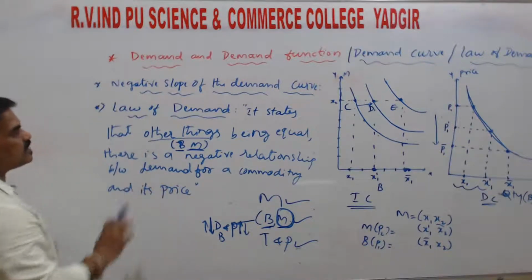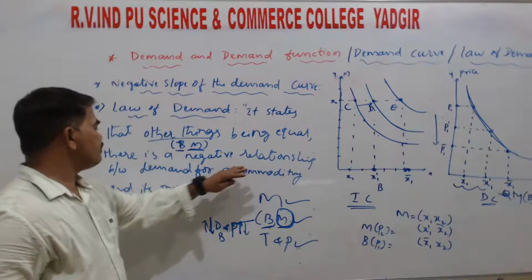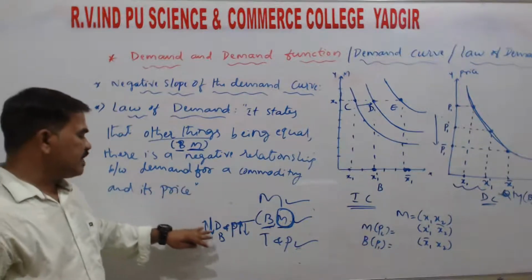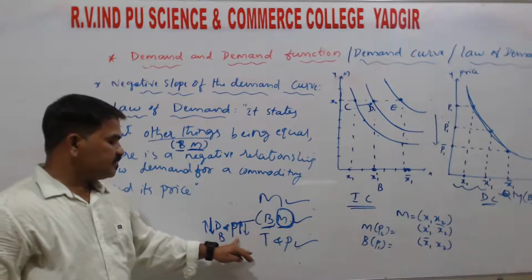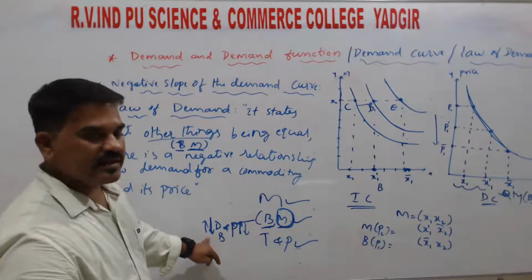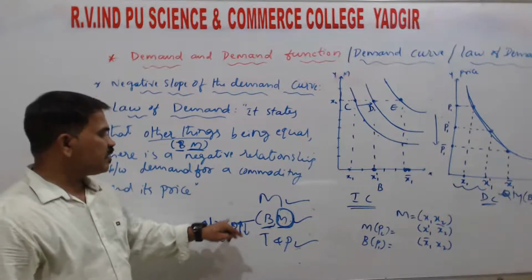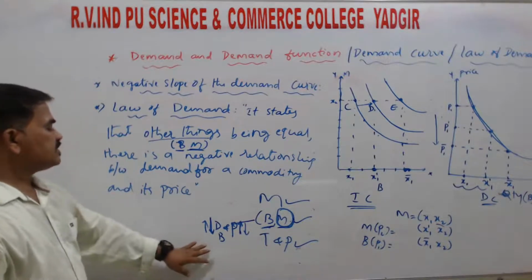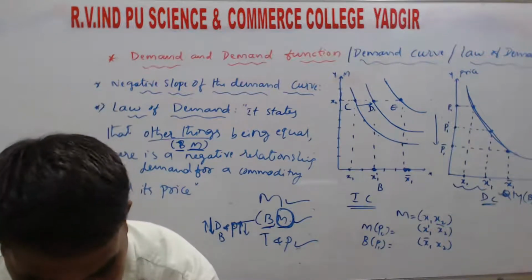So this we call the law of demand. We can say it is a negative relationship between the demand for a commodity and its price. The demand for the commodity banana and its price. If there is an increase in the price, the demand is less. If the price is decreased, the demand is more. That is what we call a negative relationship between price and demand. This we call the law of demand.